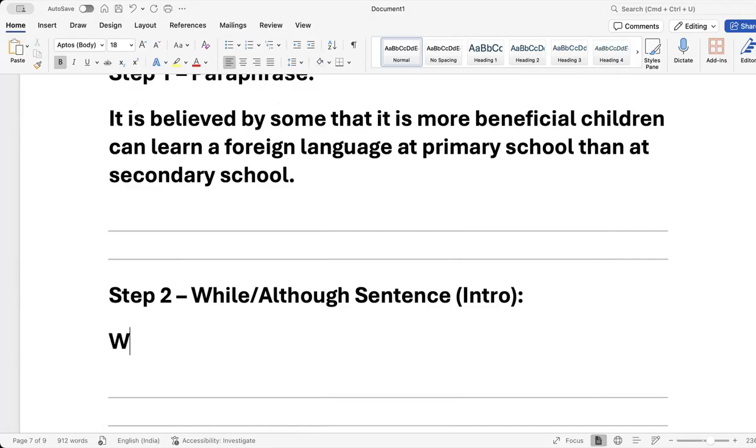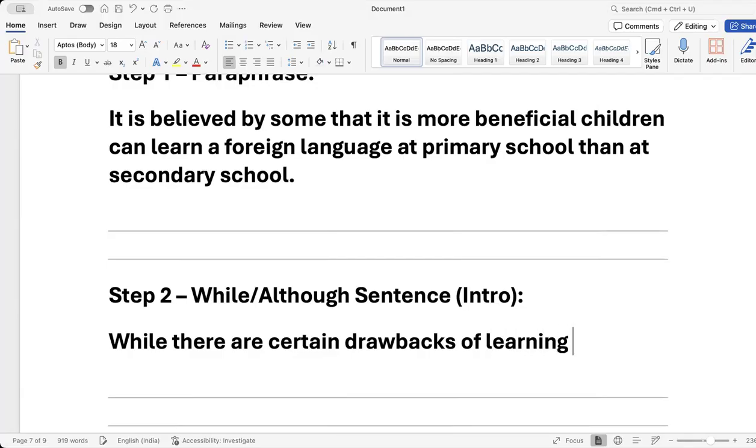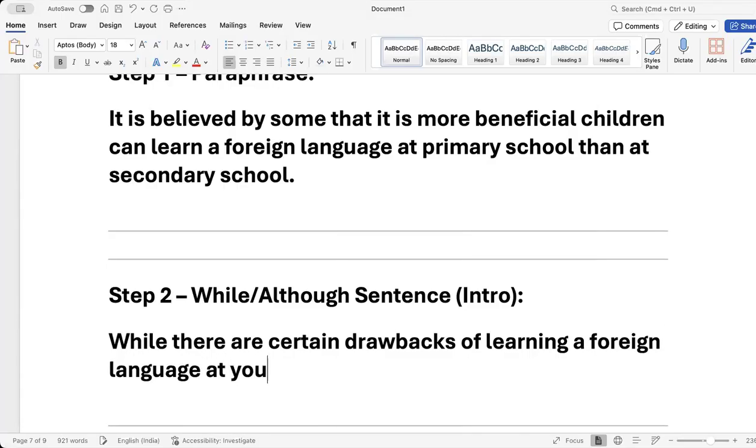While there are certain drawbacks of learning a foreign language at primary school. Very good. And you can also say at a younger age, at an early age.